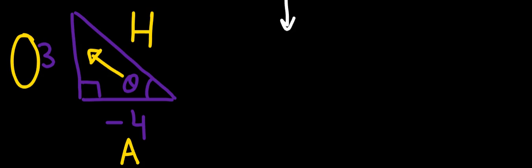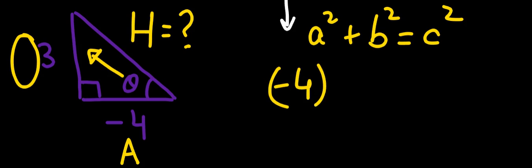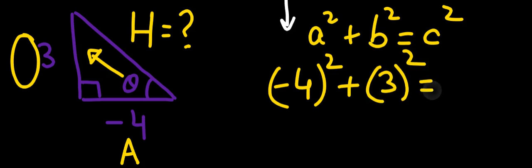Now I'm going to use the Pythagorean theorem to find the value of the hypotenuse. So the hypotenuse is not known; I'm going to write a question mark here. The Pythagorean theorem is a squared plus b squared equals c squared. So I'm going to write -4 squared plus 3 squared equals c squared.